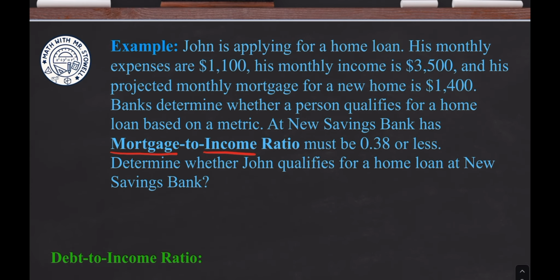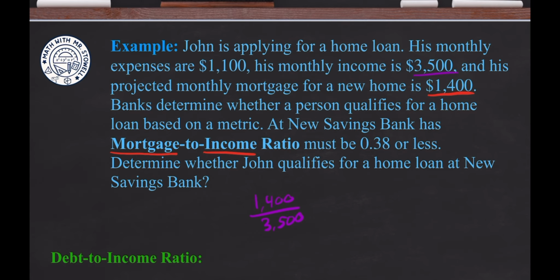The mortgage that he's expected to pay is $1,400. The debt he was expected to pay was $1,100 in the last problem. His income is $3,500. So this one is going to be $1,400 divided by $3,500. That's his mortgage debt divided by his income, and that is going to give us our mortgage to income ratio.